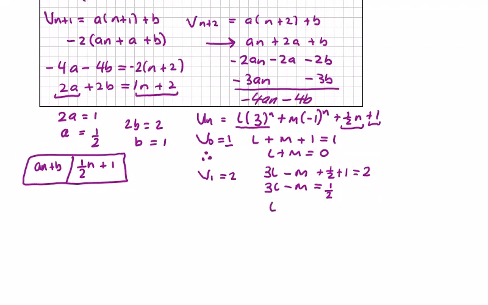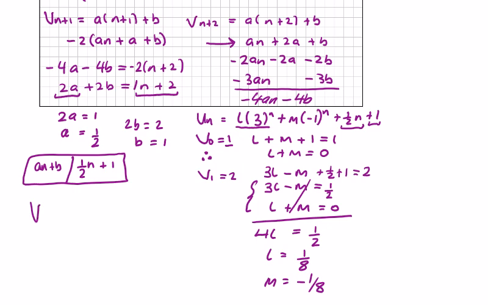And then I have L plus m is equal to 0. So combining the two lines, the m's cancel, 4L equals 1 over 2. So L is going to be an eighth. And if they add to 0, m is minus an eighth.